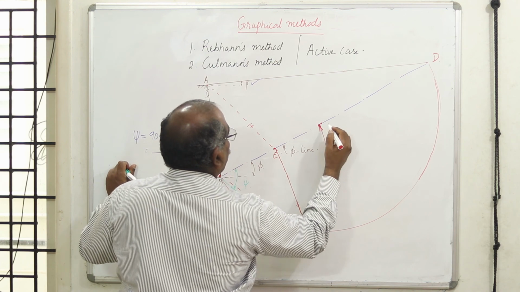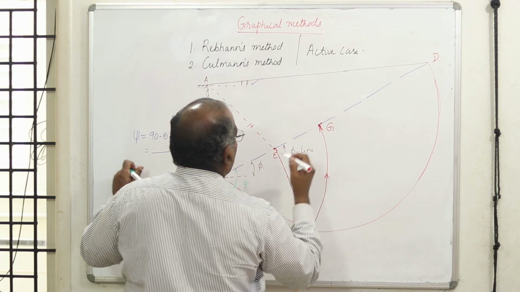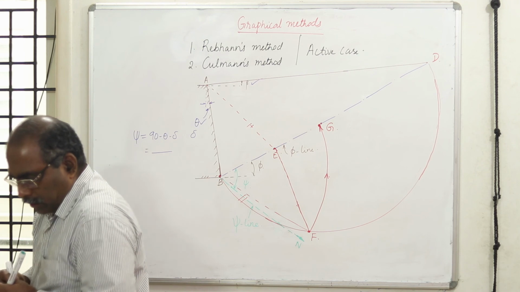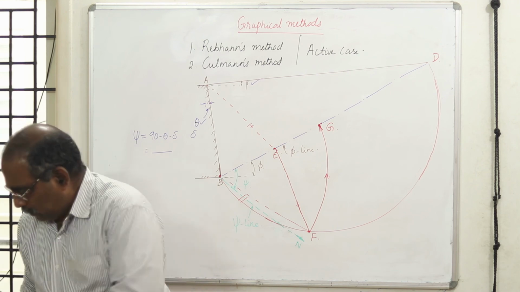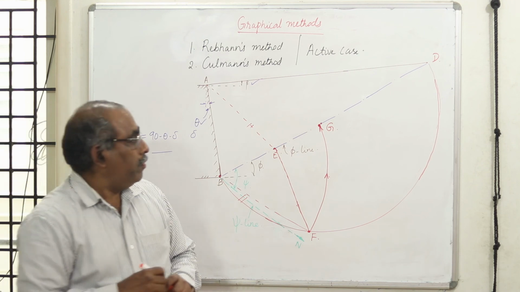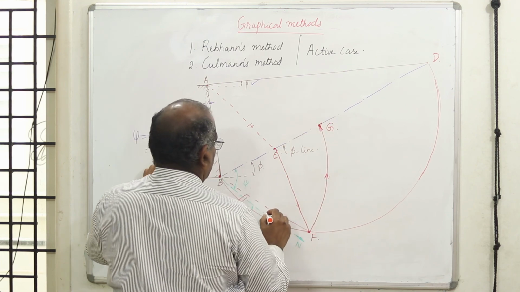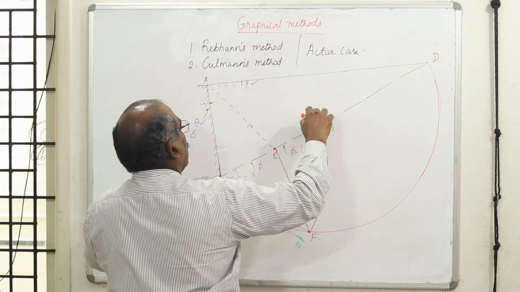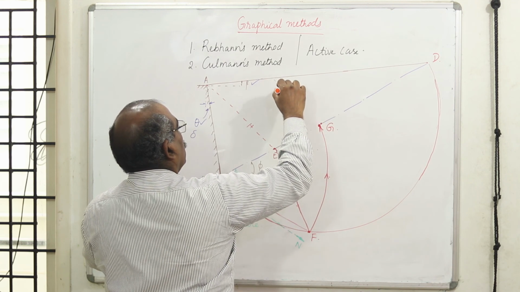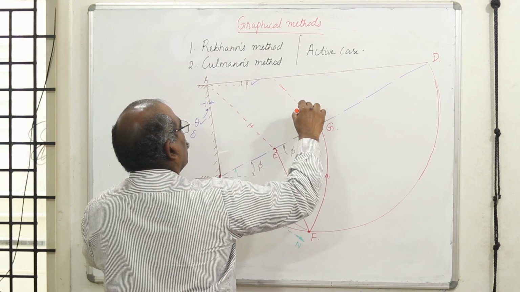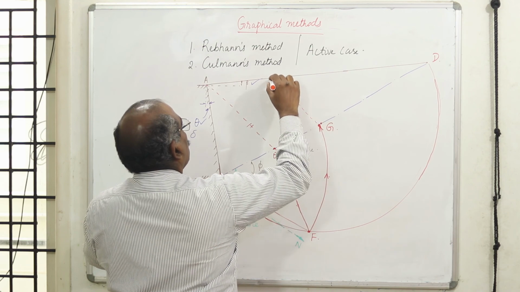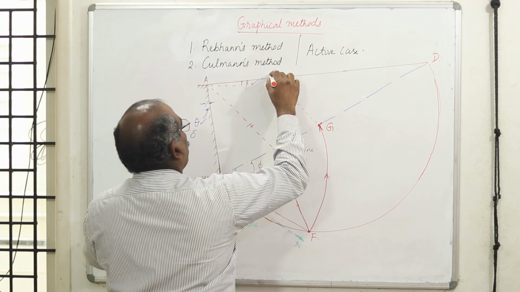It will cut the line at some point, let me call it G. From G, I draw a line parallel to the psi line again. It will cut the ground line at point C.